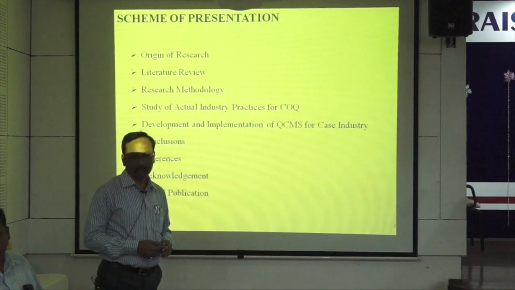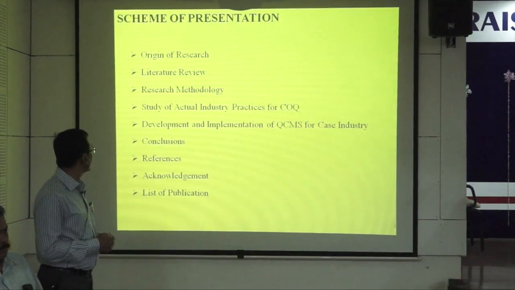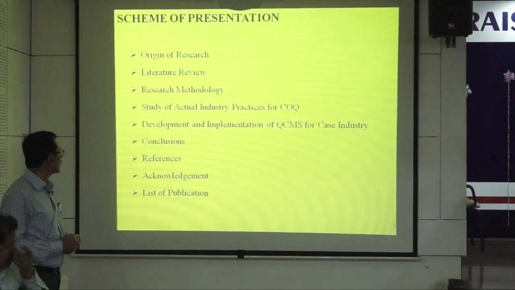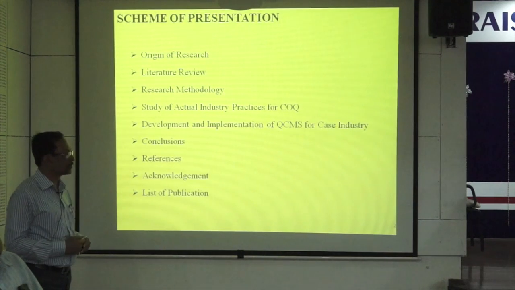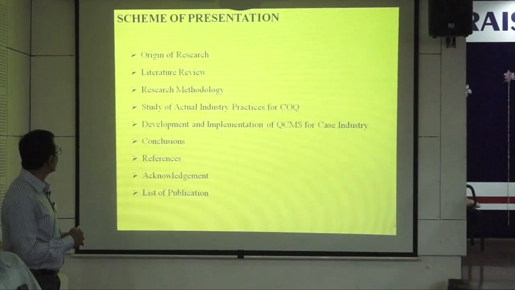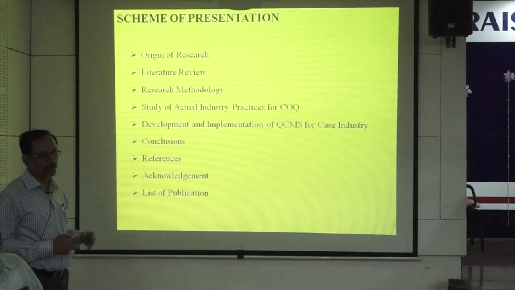So my total research work is spread over these two aspects. In the scheme of presentation, first is the origin of research, then literature review, research methodology, and study of actual industry practices for cost of quality. This is actually an additional step. In conventional methods, we go for research methodology, then development of whatever model we want to develop.